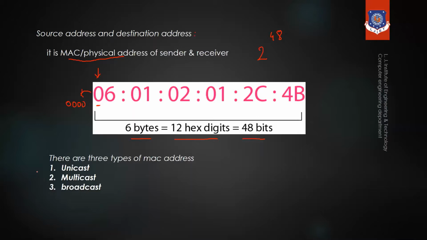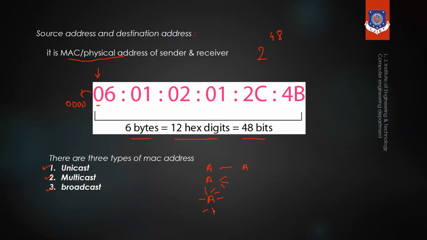There are three types of MAC address: unicast, multicast and broadcast. Unicast means that this address is one to one. Multicast means that this address is for one to many. And broadcast means that the address is one to all the devices.